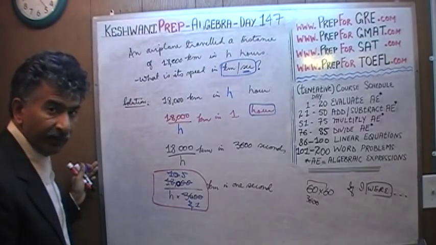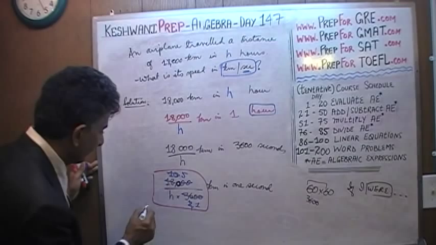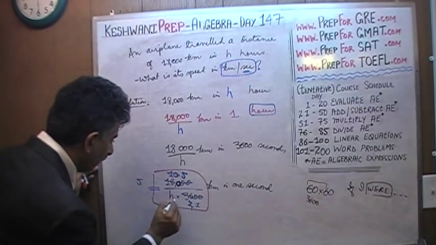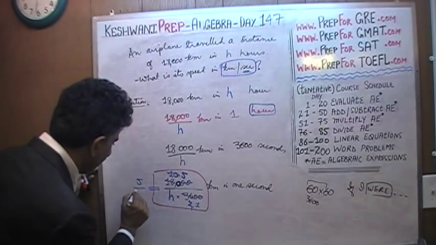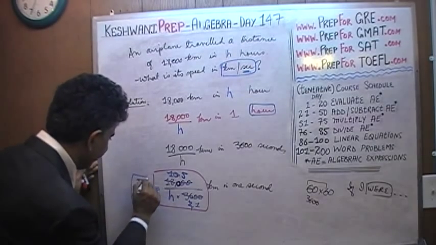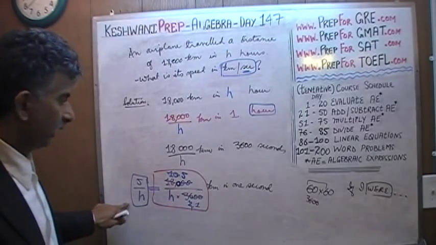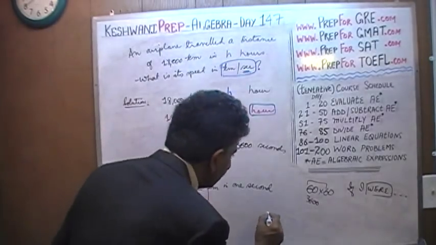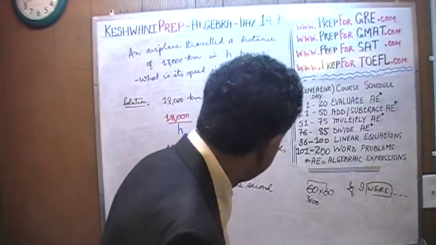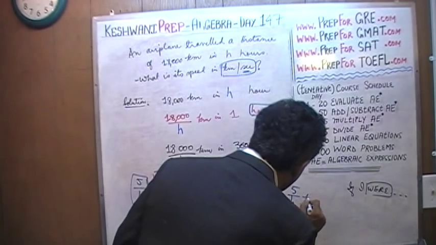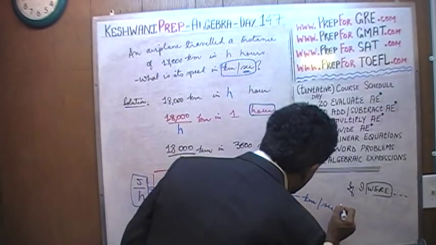Now, in its most elegant form, the answer simply is 5 over h. Voila, this is the final answer. All that mumbo jumbo reduces to 5 over h kilometers per second. That is our answer.